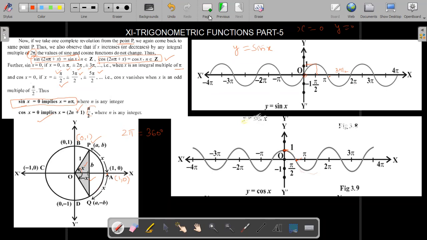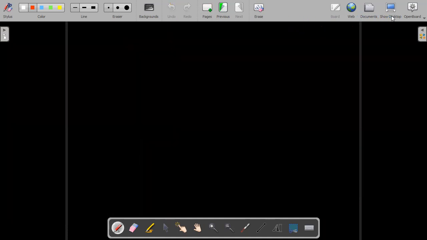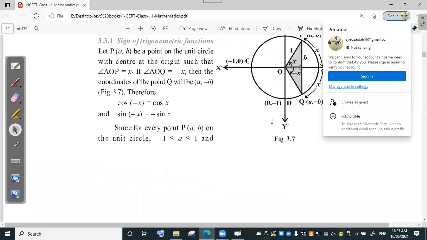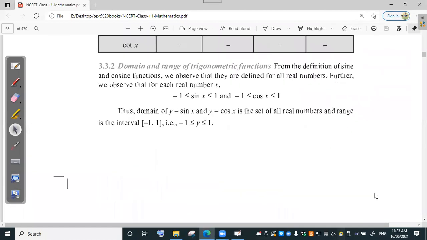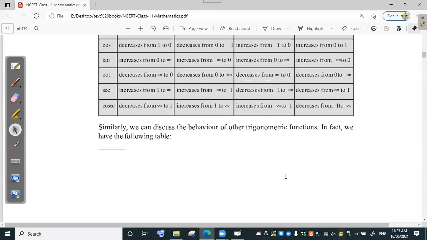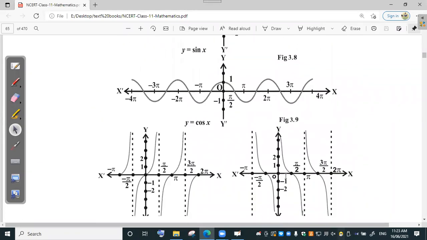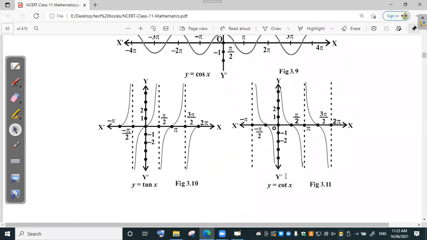Then we have the graphs of other functions also, like tan x. I will show it here. You can see this tan x. The graph of tan x will be like this: tan 0 degree is 0, but tan 90 degrees is infinity.